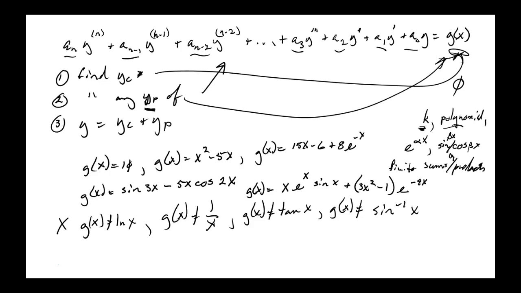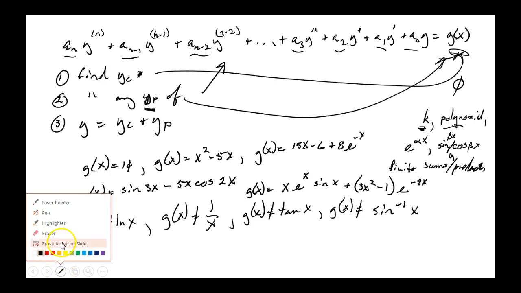All right. Now, let's do example 1. Solve this: y double prime plus 4y prime minus 2y is equal to 2x squared minus 3x plus 6.